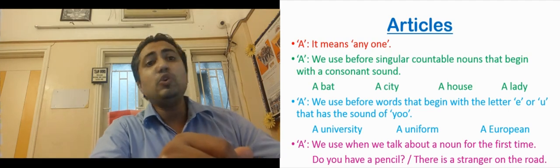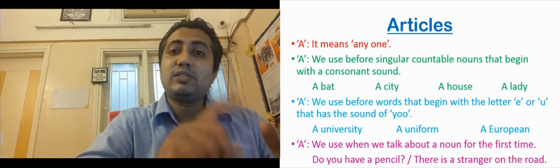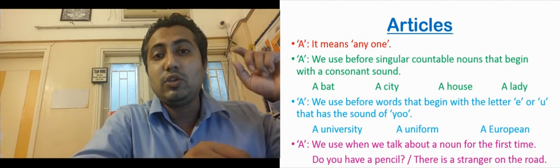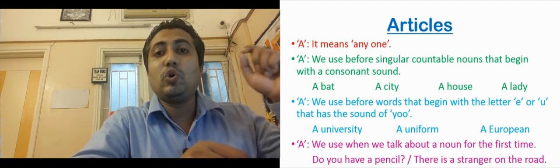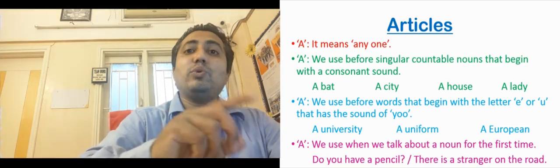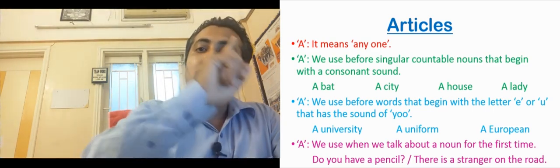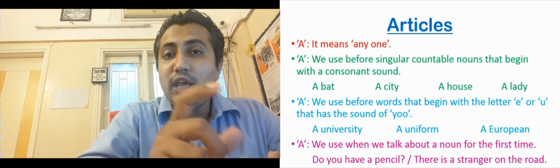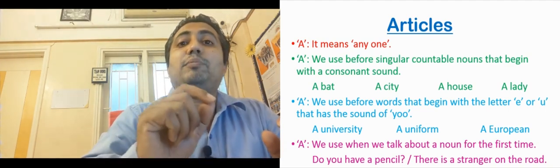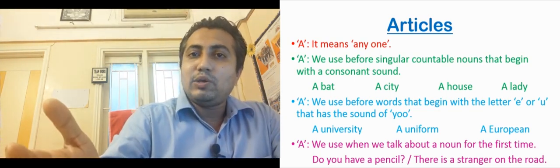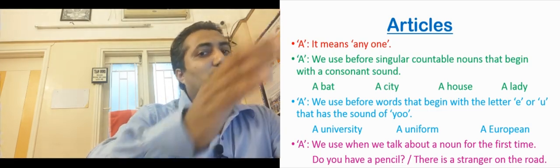जैसे university, university starts with u, a vowel, लेकिन university, so the sound is y. So it is a consonant sound. So we do not use an university, we use a university. Then uniform, yeah, you, isn't it? So that is again a consonant sound. So again we will use a uniform.